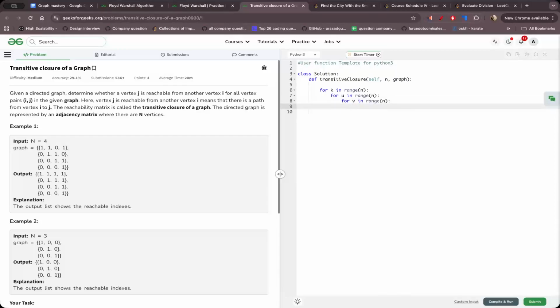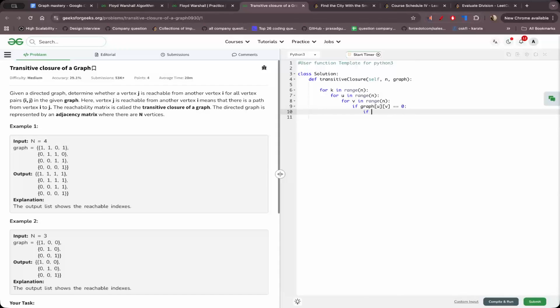So I'll simply check, if my graph u comma v equals 0. If so far there is no way, we do not know the way, then what I need to check?